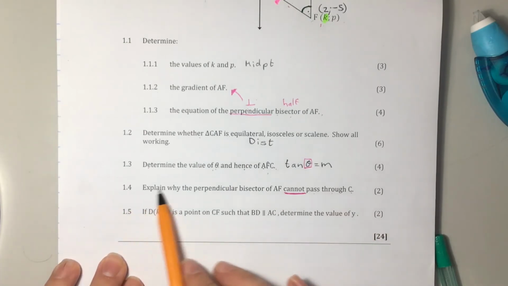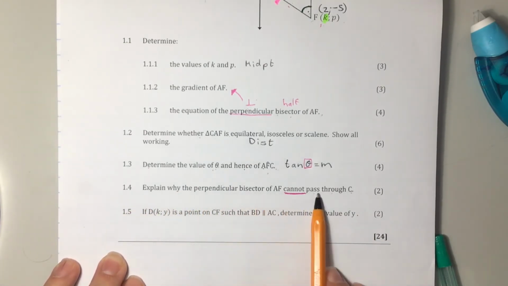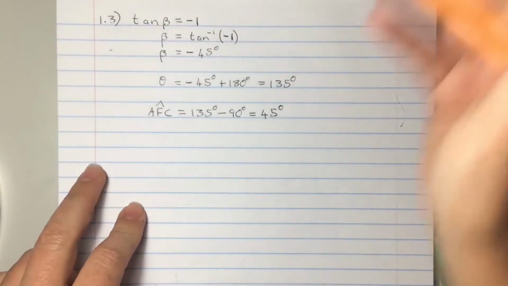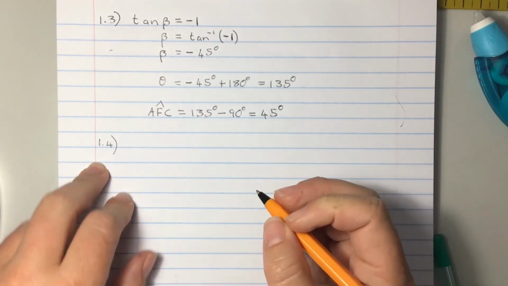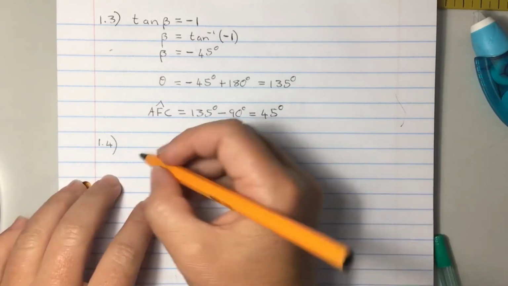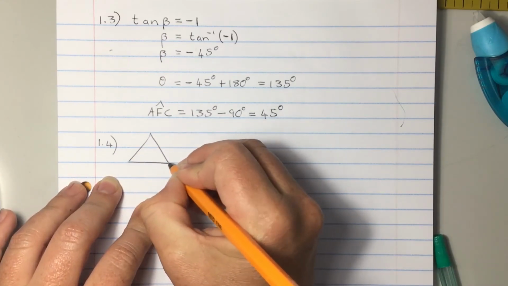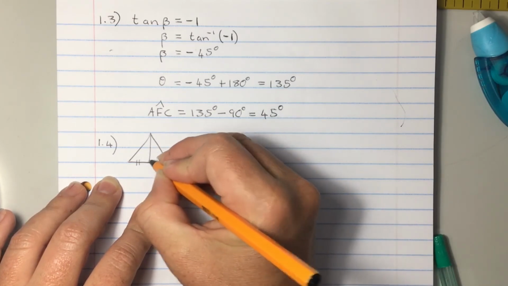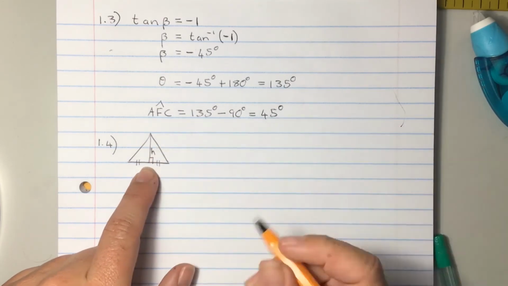Right, question 1.4. Explain why the perpendicular bisector of AF cannot pass through C. Now, let's think about when will the perpendicular bisector pass through point C. So if I have a triangle like that, I cut these two sides in half and I bring a line there at 90 degrees. Do you agree that will be my height?